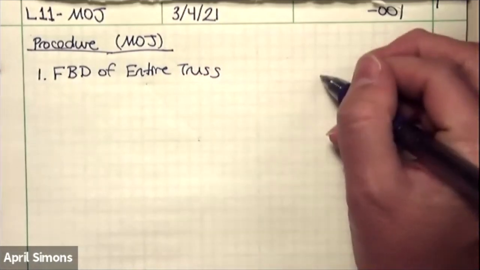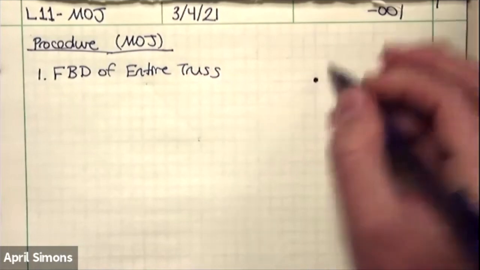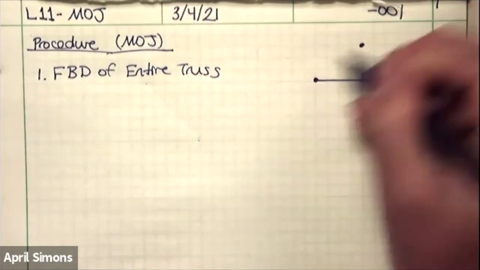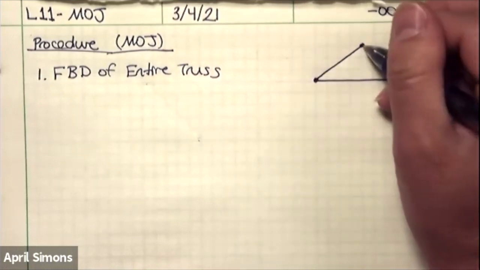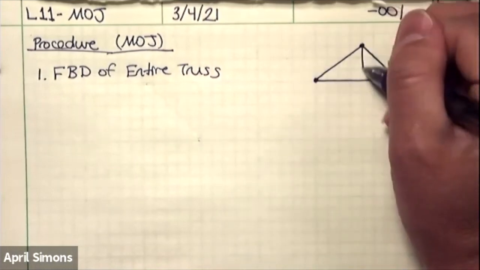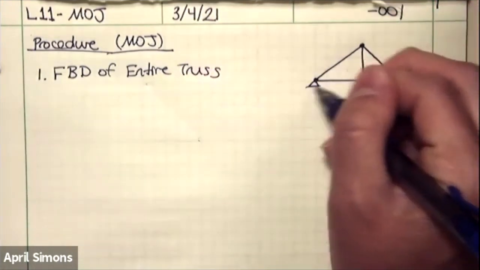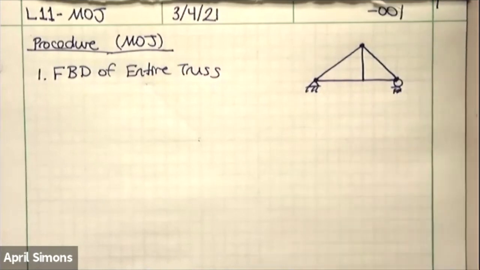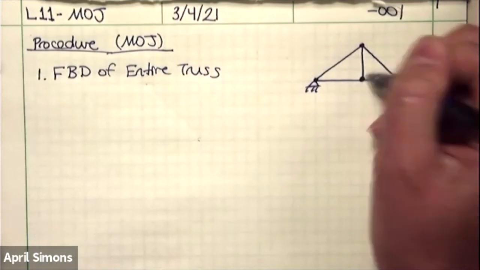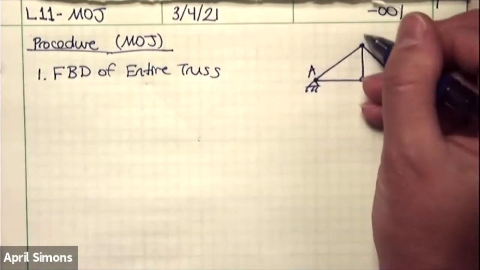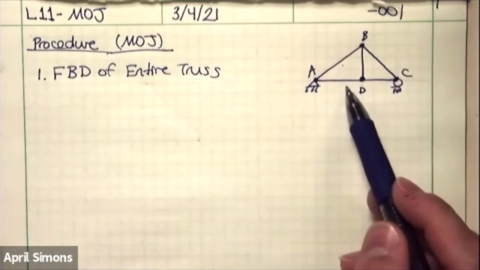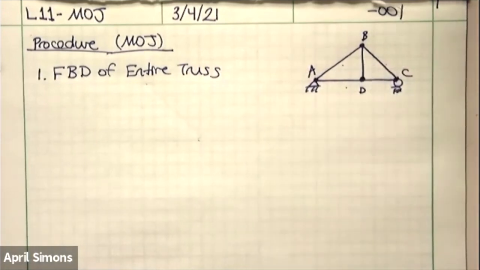So if we have a truss, let's say again, just a simple truss, it's simply supported. We want to look at a free body diagram of the whole truss. In this particular truss configuration, we'd have 4 joints and 5 members.